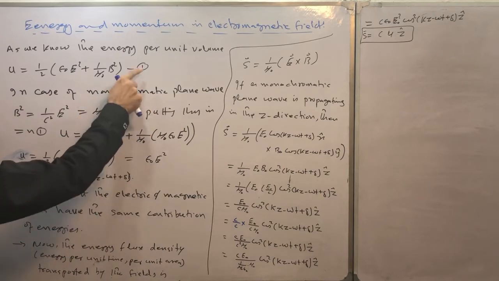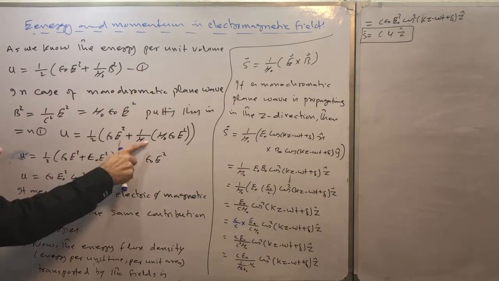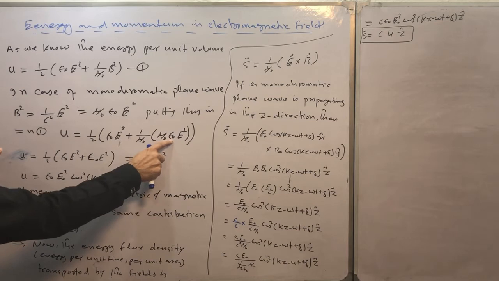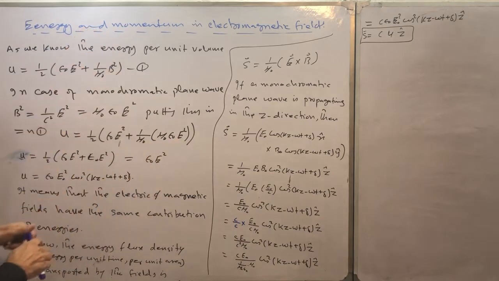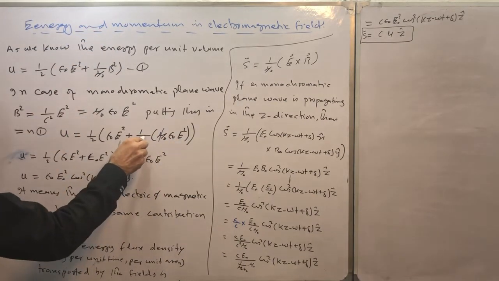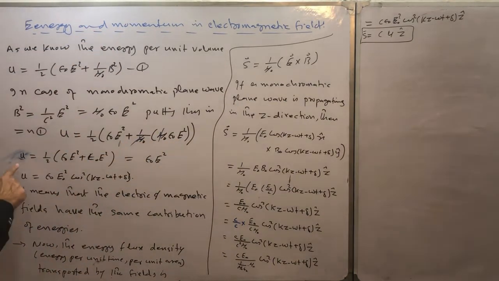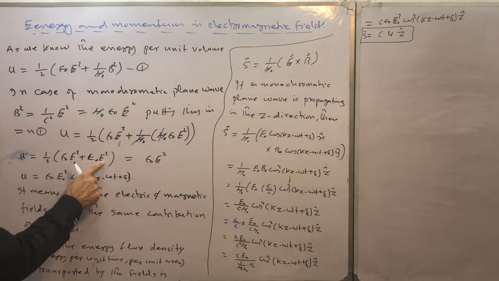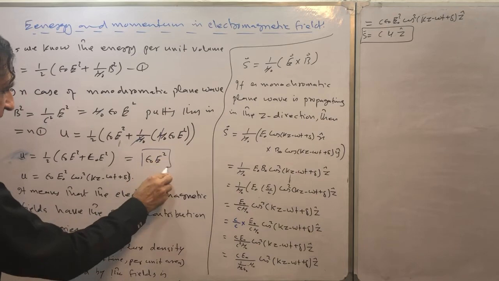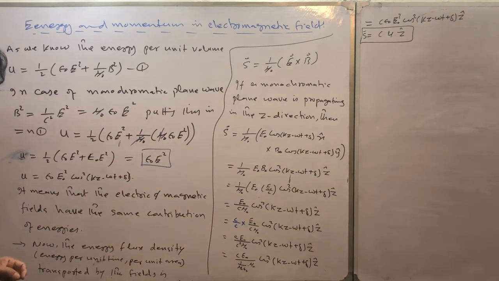Putting this value in equation number first, the mu naught will cancel out, and we get only epsilon naught E square.